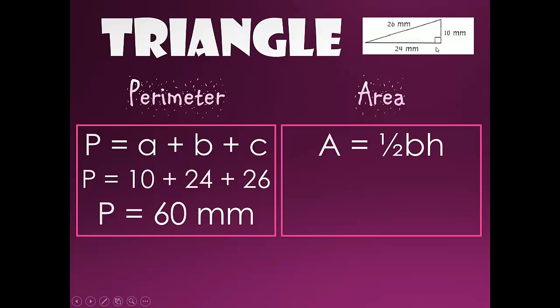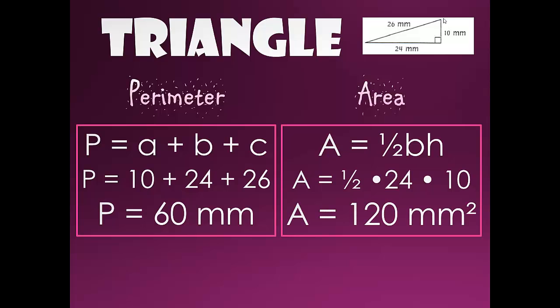So we're going to have 24 and 10. So A equals 1/2 times 24 times 10. And 1/2 times 24 times 10 would be equal to 120. So our area would be equal to 120 square millimeters.